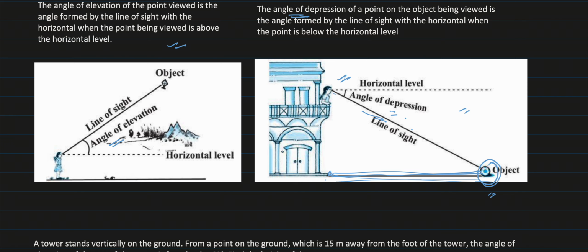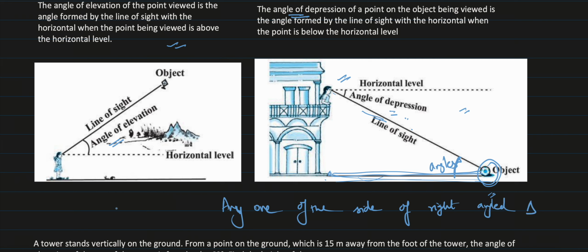We know all the trigonometric ratios. The trigonometric ratios are the relationship between the angles and the sides. So if you know any one of the sides of a right angled triangle and one angle, then we can calculate either the perpendicular, the base or the hypotenuse with the help of trigonometric ratios.